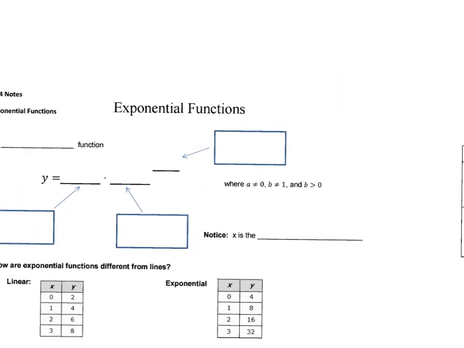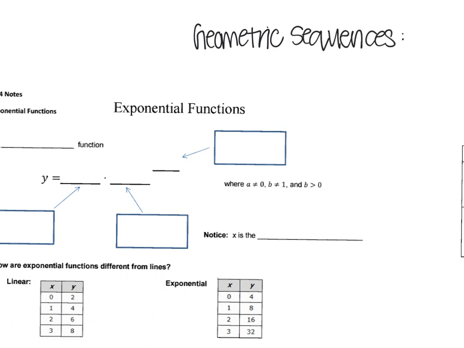But we talked about geometric sequences, and the formula for this was A_n equals A_1, the first term, times r, the common ratio, to the n minus 1.